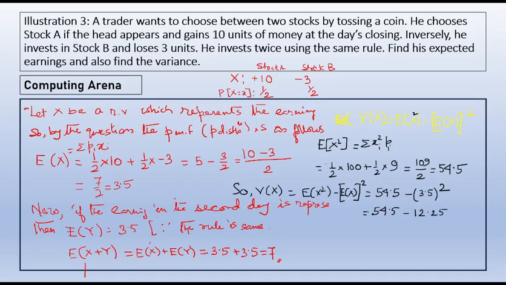So if we subtract, we get 42.25. So this is the variance of x.